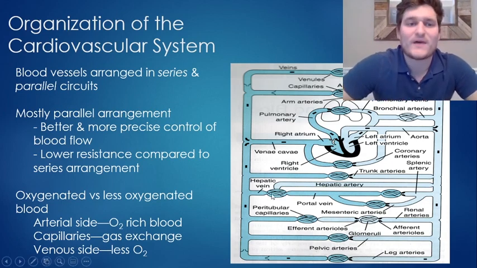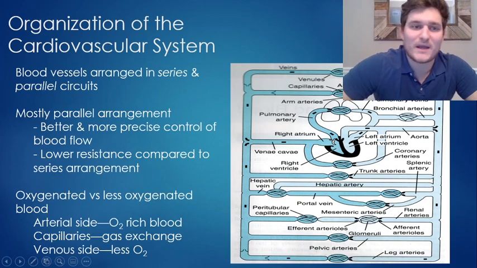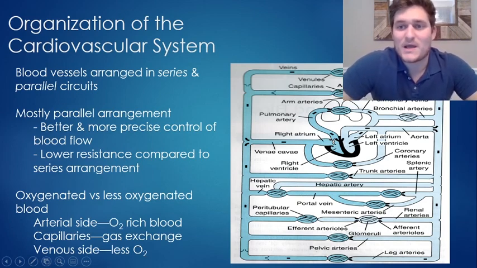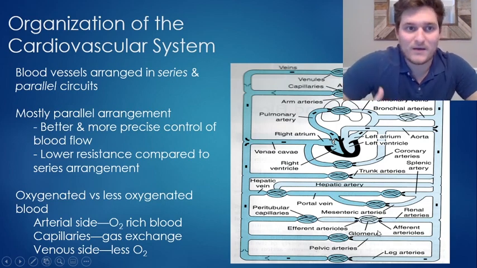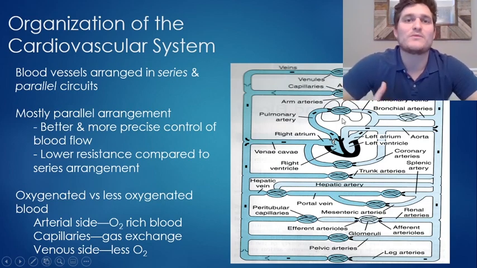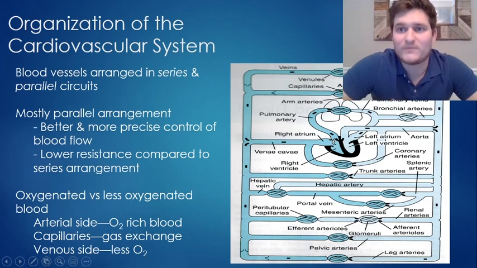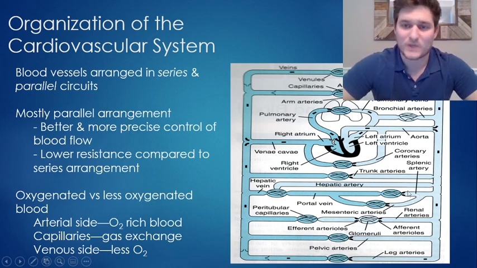And also it provides a lower resistance compared to a series arrangement. The total resistance of a parallel circuit is equal to the reciprocal of the individual resistances, while in a series circuit, total resistance is determined by the sum of each individual resistance.